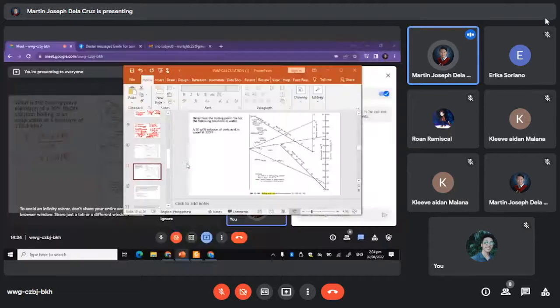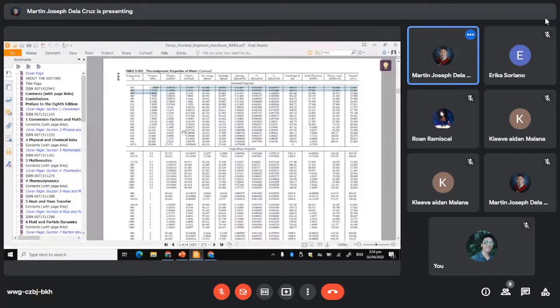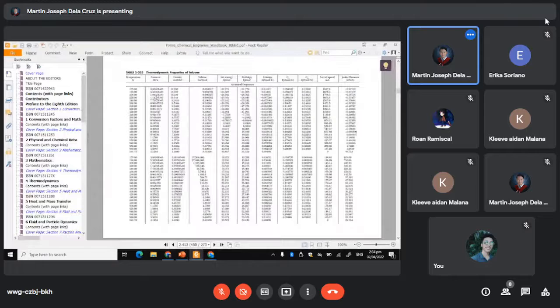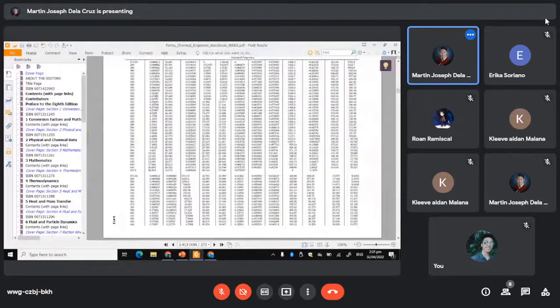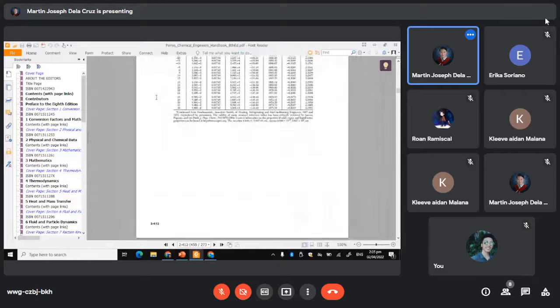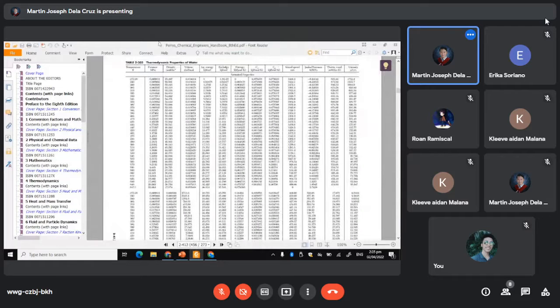So, in your thermodynamic properties of water, anong temperature ni 0.1724 megapascal? So, in here class, dito ulit, 0.1724. So, dito siya class. So, dapat it's either 380 or 390 makuha nyo. So, please give me the temperature of your 0.1724.